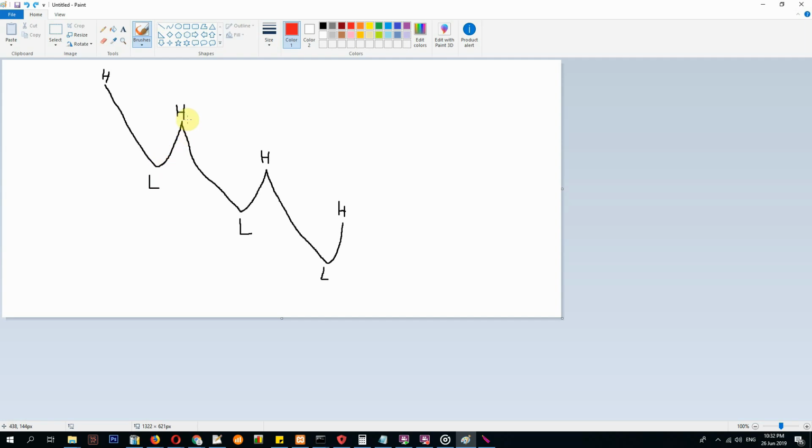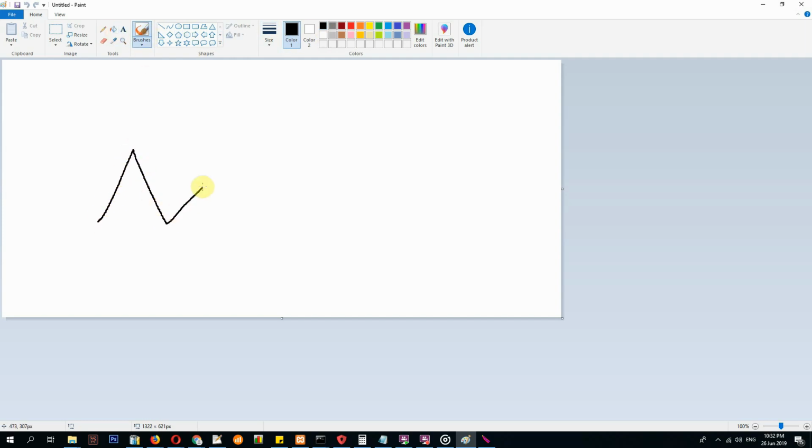Then we also have what we call a sideways market. It simply moves sideways. This is also what you call a choppy market or consolidation. It's not really moving anywhere, it's in a range.